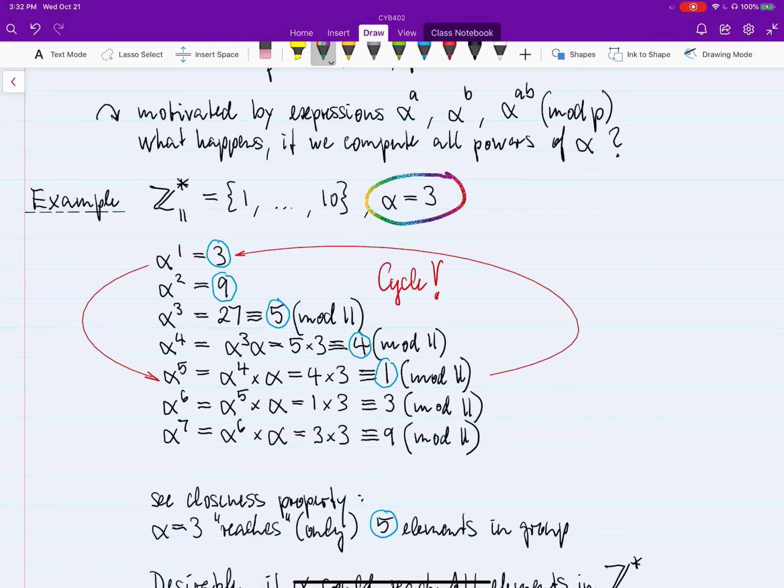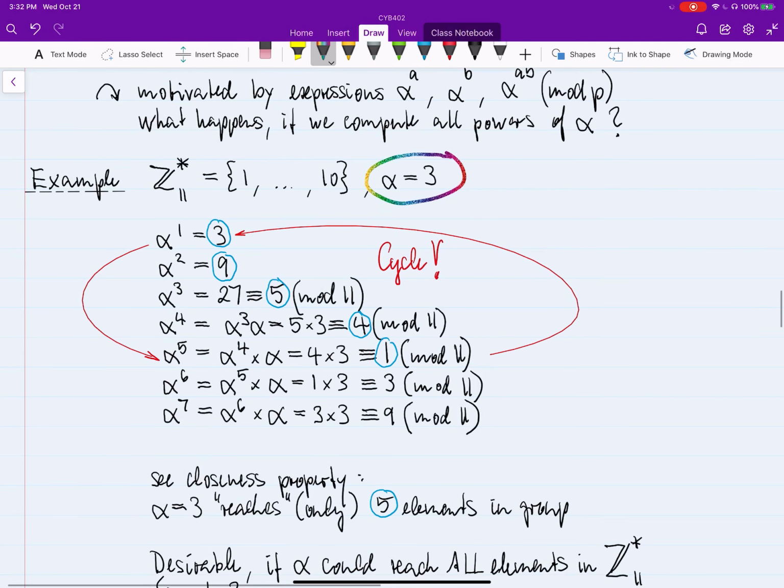If we compute powers of alpha now, alpha to the 1 is 3, alpha to the 2 is 9, alpha to the 3 is 5, and so on.